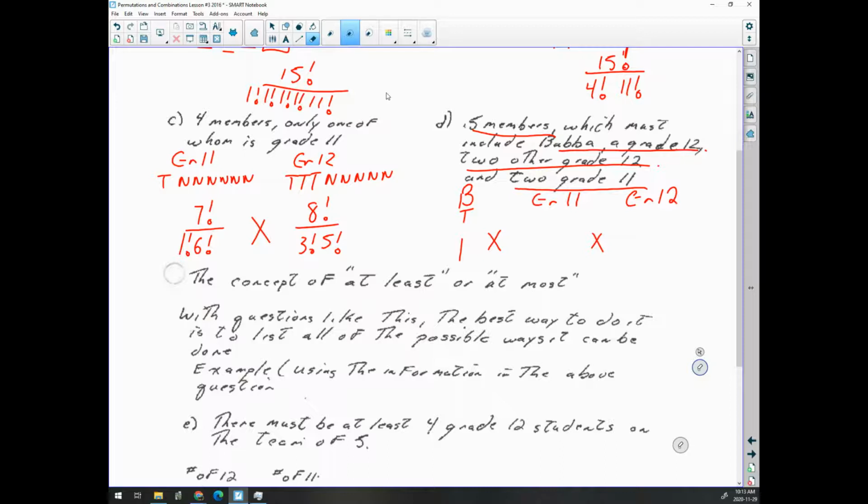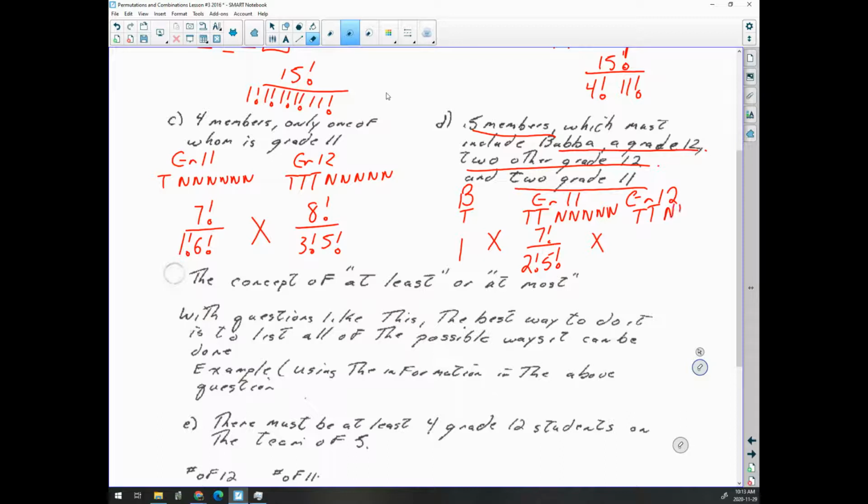Grade 11s, we still have 7 grade 11s. 2 of them will be on the team. 5 of them will not be on the team. So we have our 7 factorial over 2 factorial, 5 factorial. Now our grade 12s have changed. We are going to have 2 other grade 12s on the team.